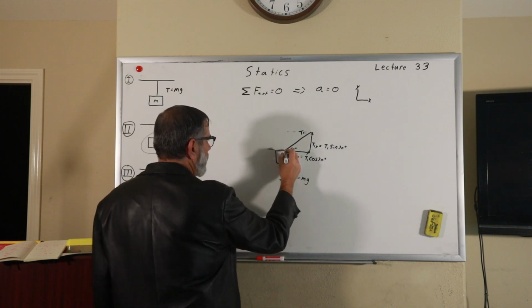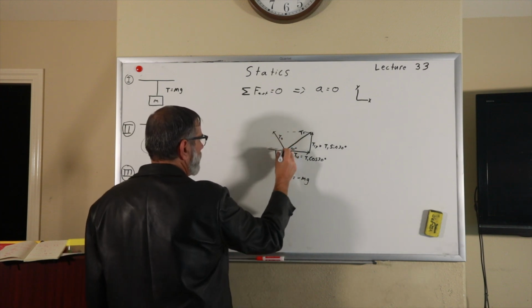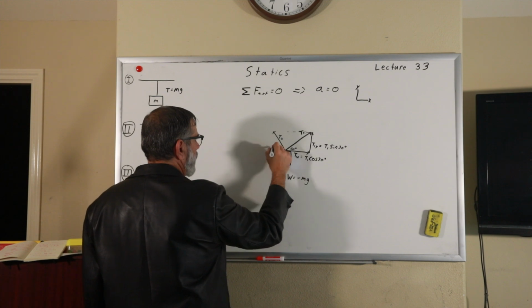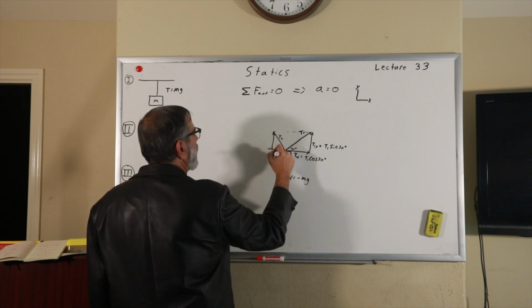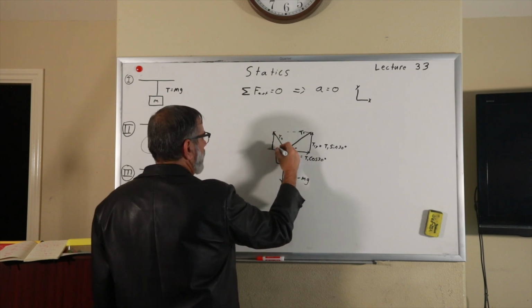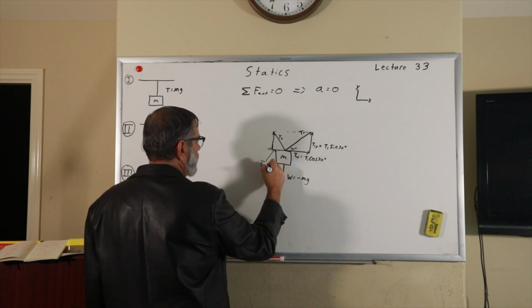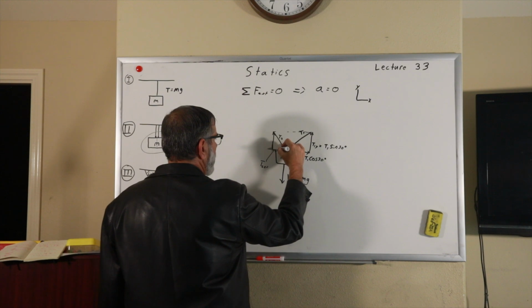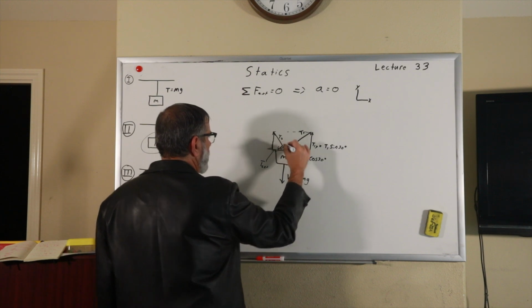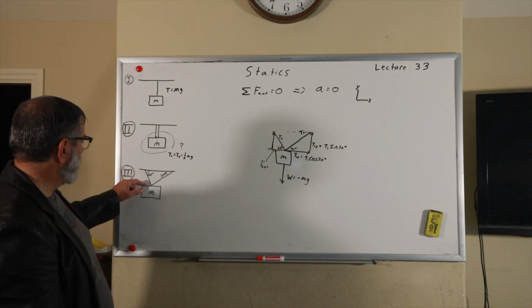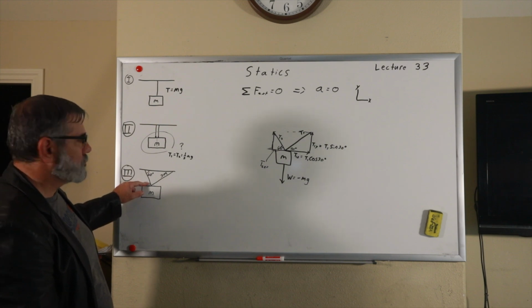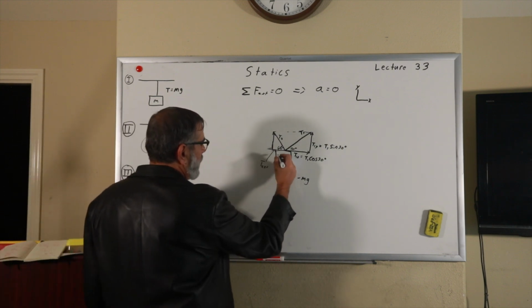But over here we have T2. I'm going to draw a little arrow indicating that this is T2 in the x direction, and what's the angle here? Well, the angle to the ceiling is 60 degrees, which means this alternate interior angle is also 60 degrees. So I have to put that into my free body diagram.